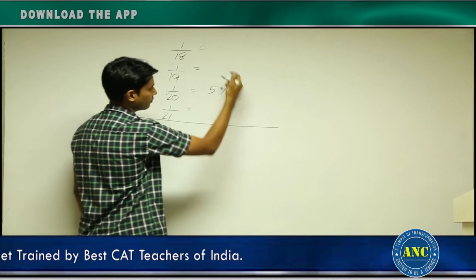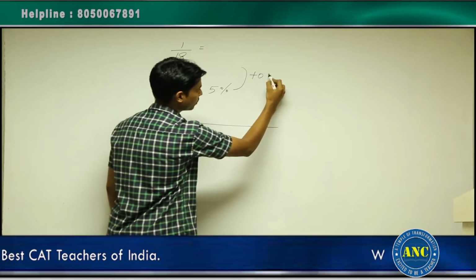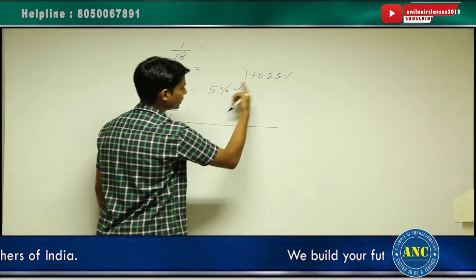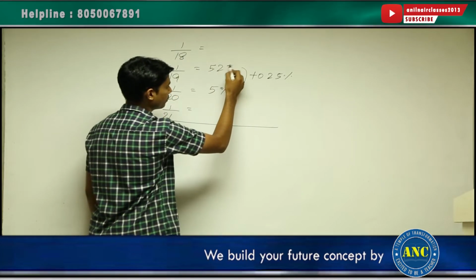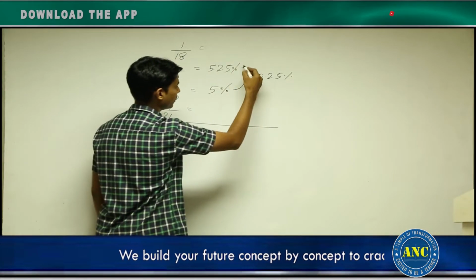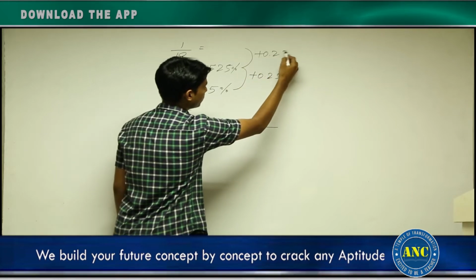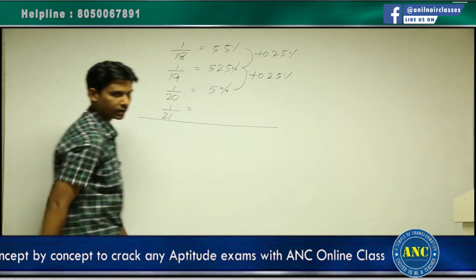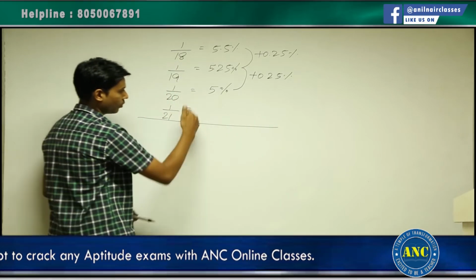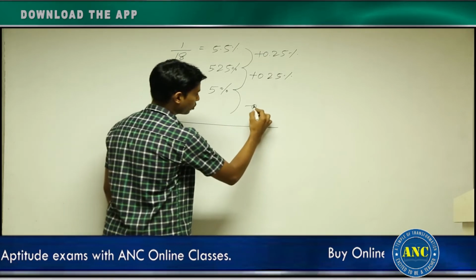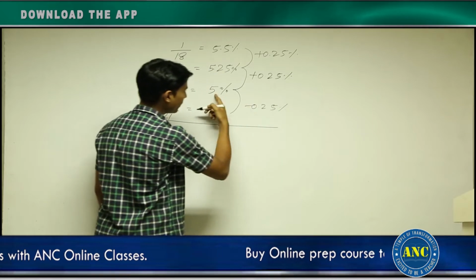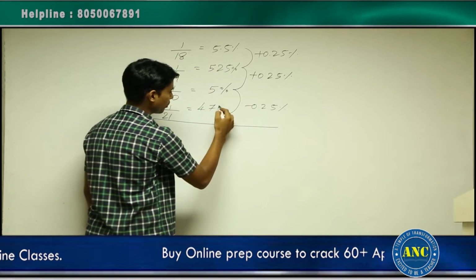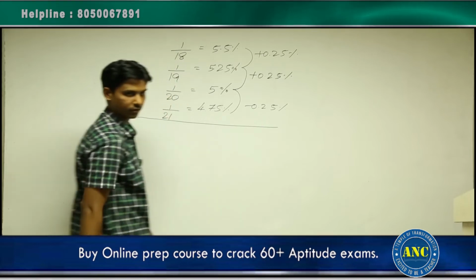The above ones go with a deviation of plus 0.25%. 5% plus 0.25% is 5.25%. Again, 5.25% plus 0.25% is 5.5%. The below one goes with a deviation of minus 0.25%. 5 minus 0.25% is 4.75%.